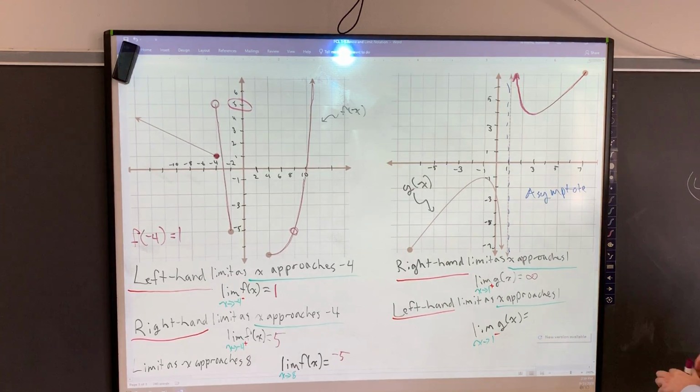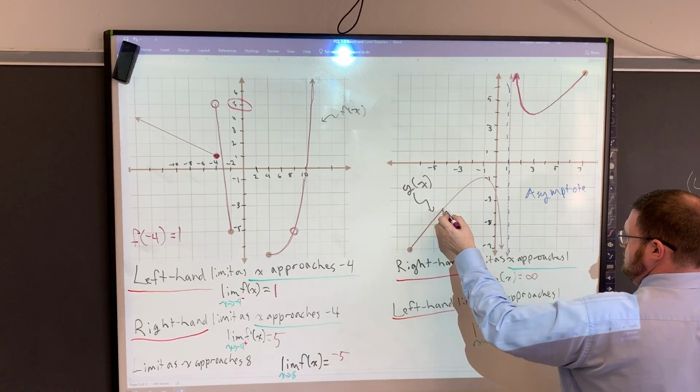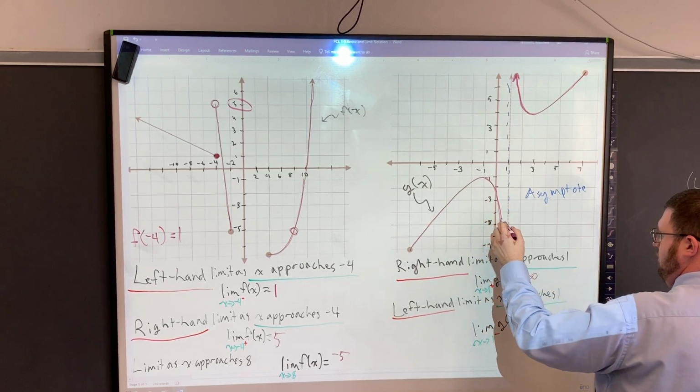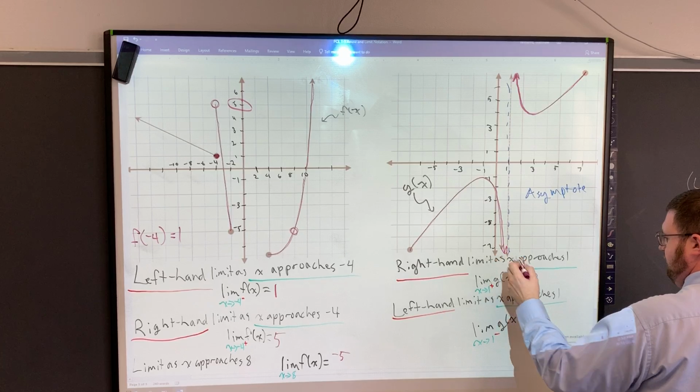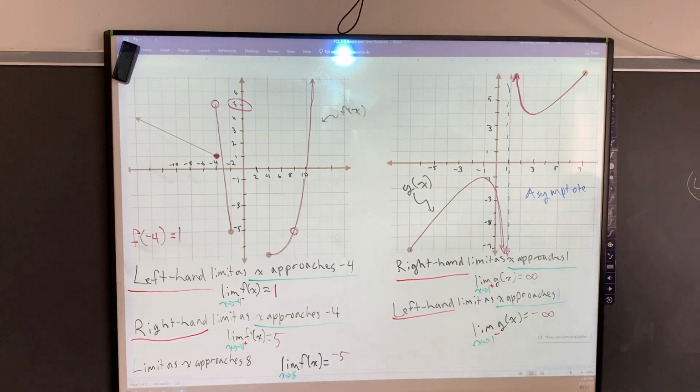We're going to see what it is. Left-hand limit means we start on the left-hand side. We are going to trace this and get closer and closer and closer to positive 1. And the closer we get to 1, the farther down that goes. Down is a negative direction, and it goes toward negative infinity because it goes down forever.